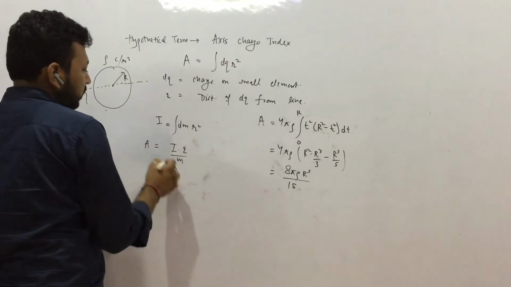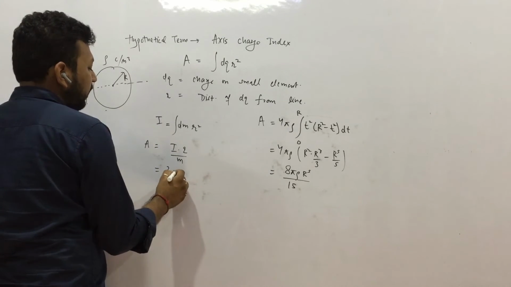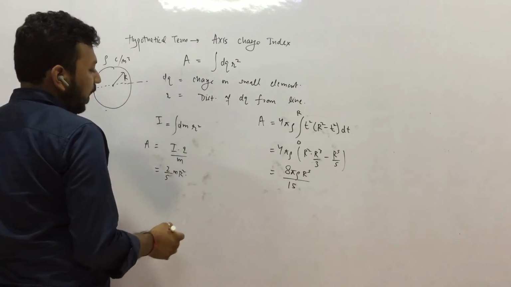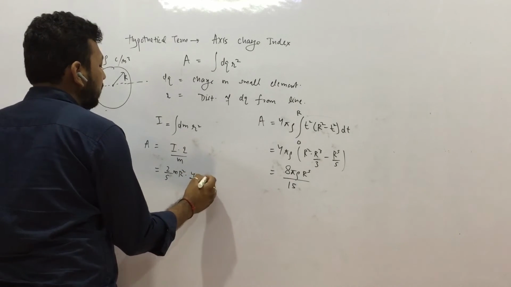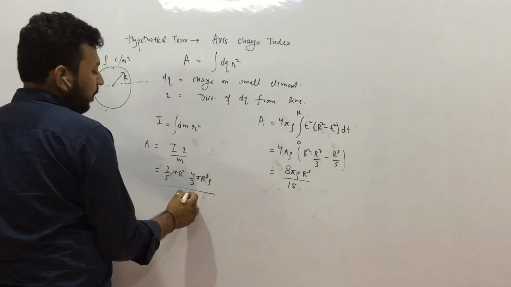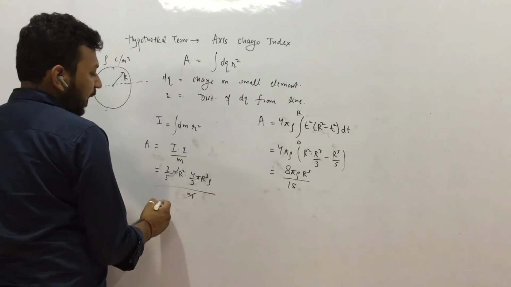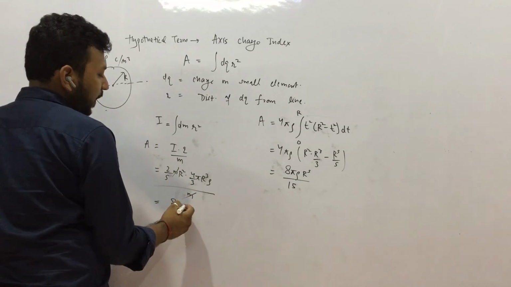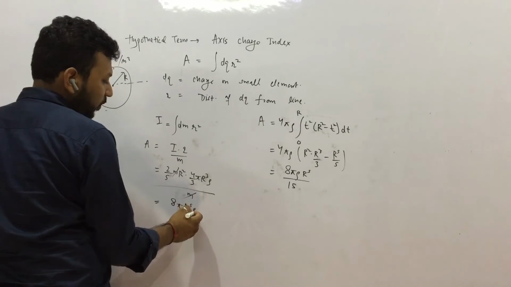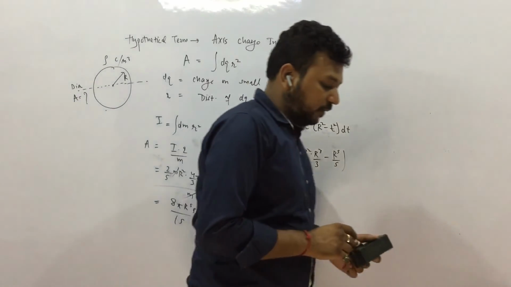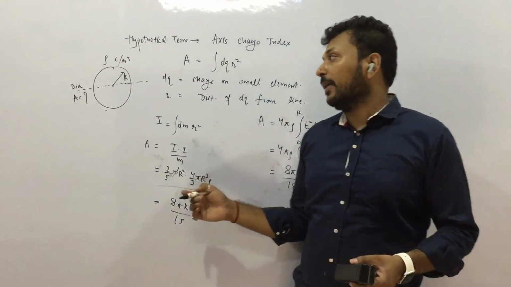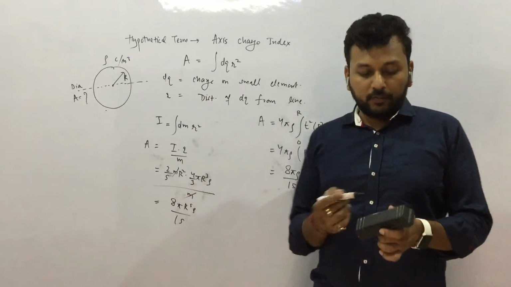For a sphere, I is 2 by 5 m R square, into the charge. Charge is 4 by 3 pi R cube rho, upon mass M. M gets cancelled, and we get 8 pi R to the power 5 rho by 15. So the same answer is coming. This is a shortcut, but many people might not be able to think like this. This is a short way of integration.